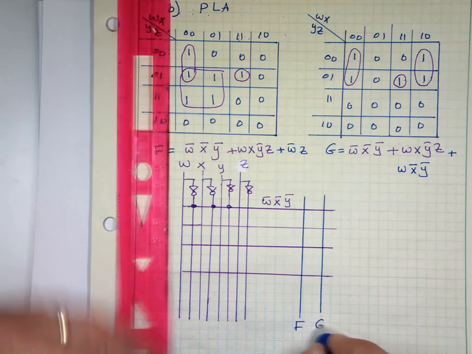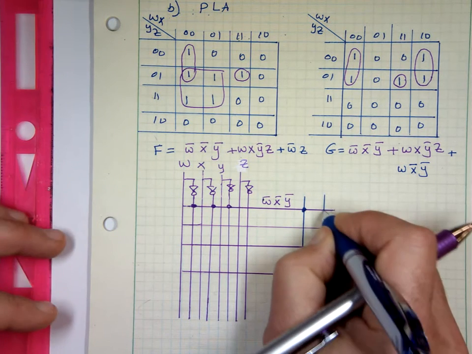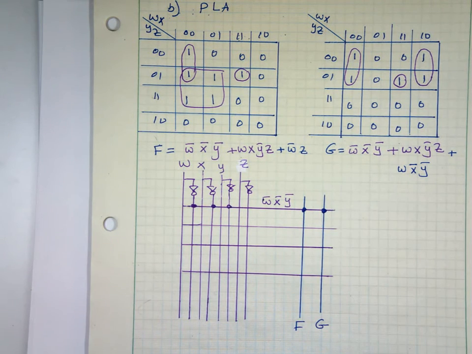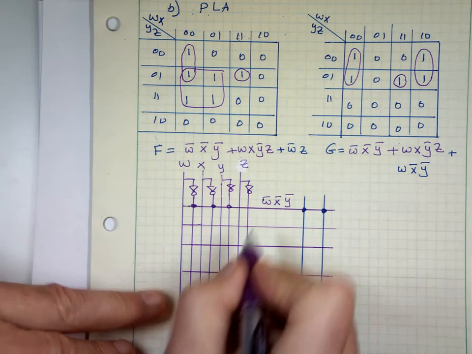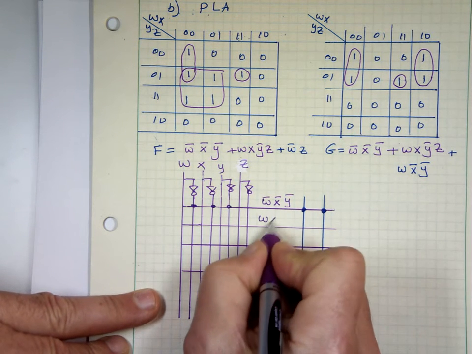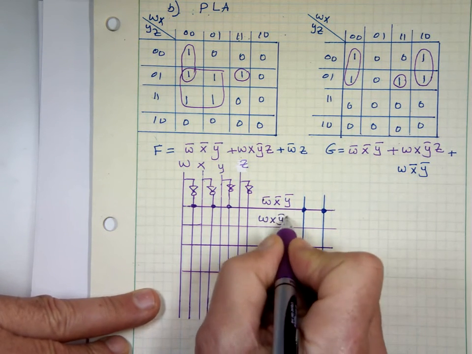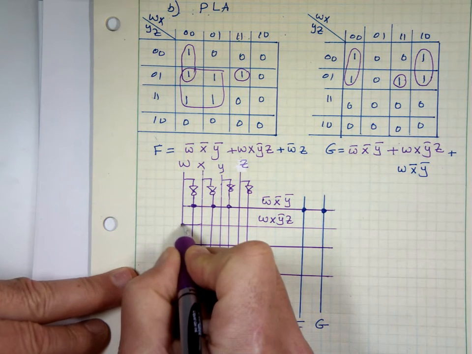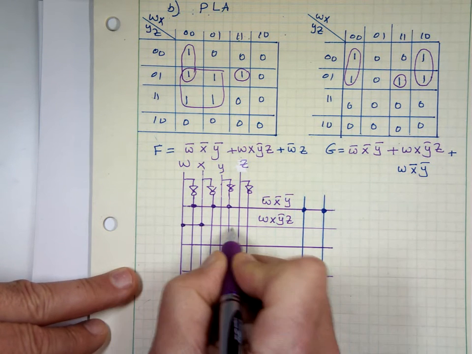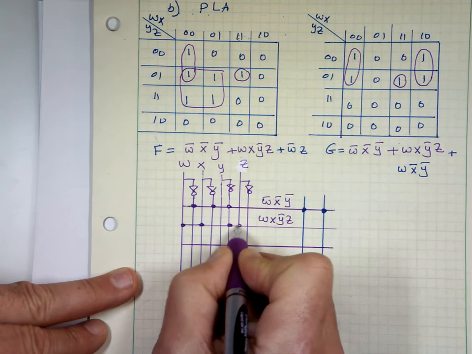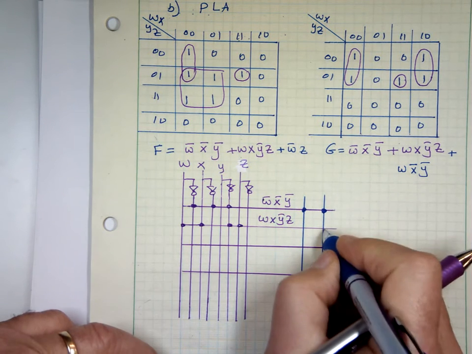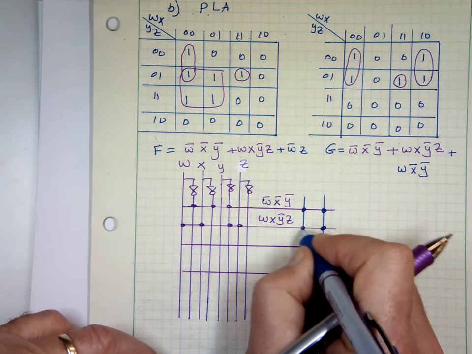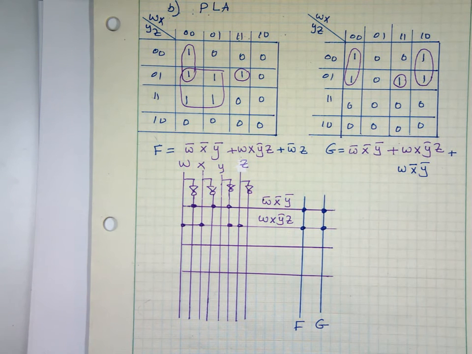It's going here and it's going here. The next one is what? W, X, Y bar, Z, and that's also common to both.